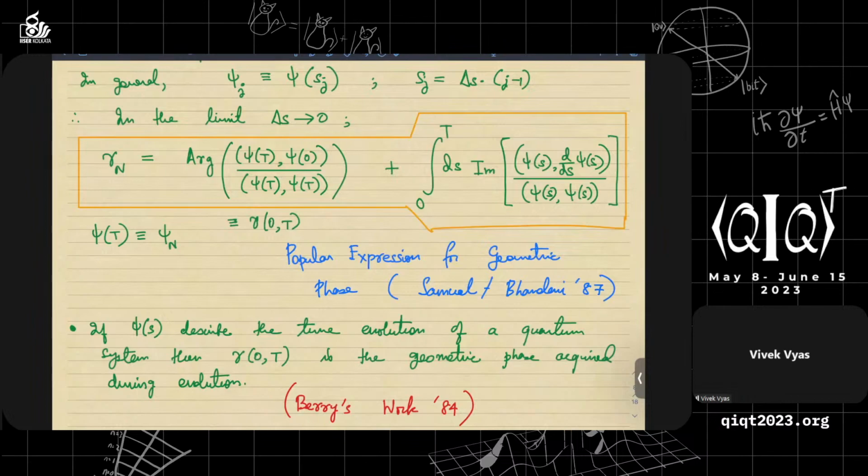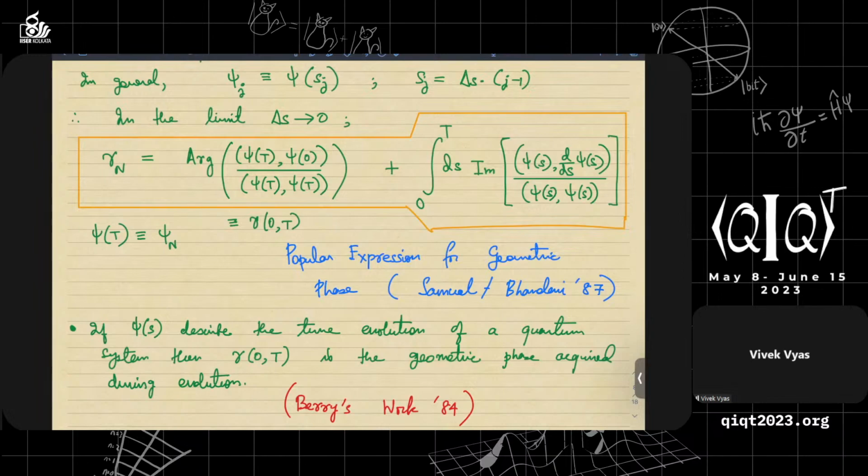So essentially, what this phase is telling you is that after evolution from zero to t, you ask how much phase my state has acquired because of evolution, and that phase is the geometric phase.